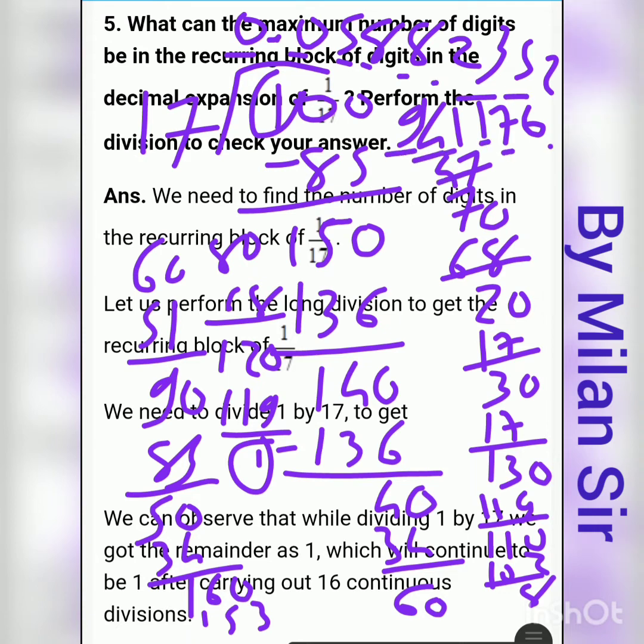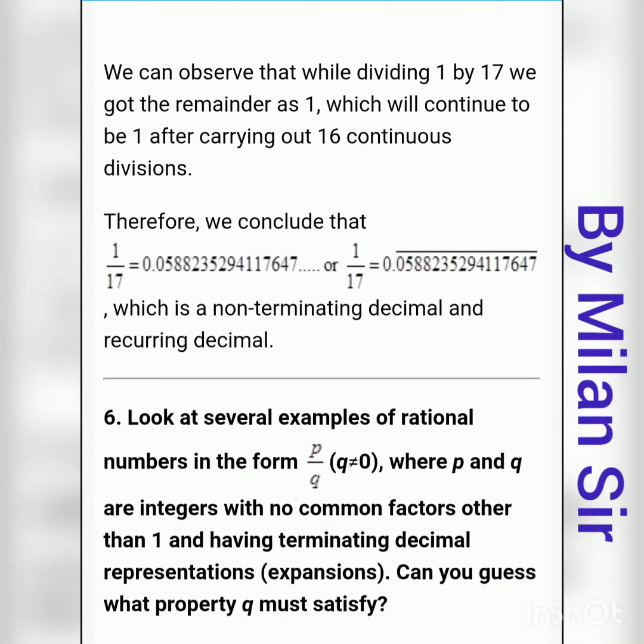So here 0.058823529411767. You will get this number of recurring digits. 0.058823529411767. So how many digits are there in total?